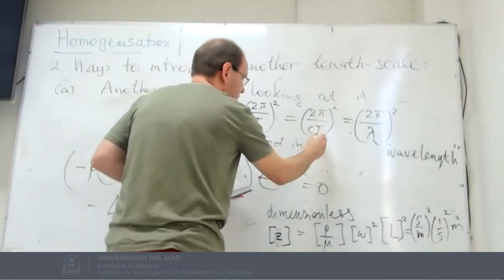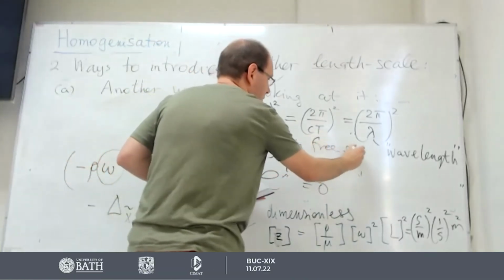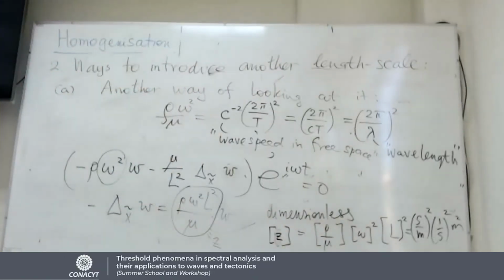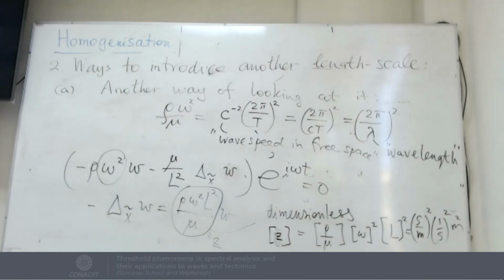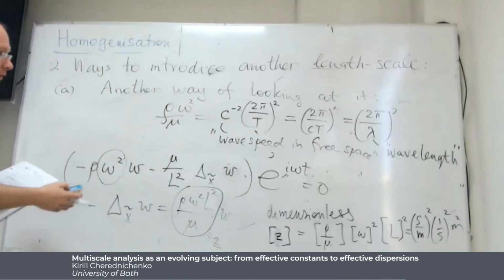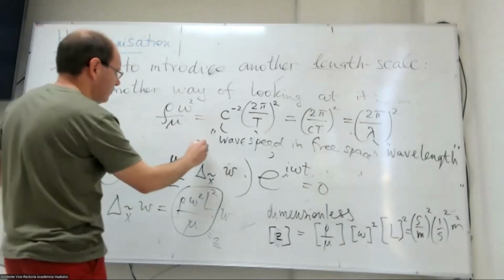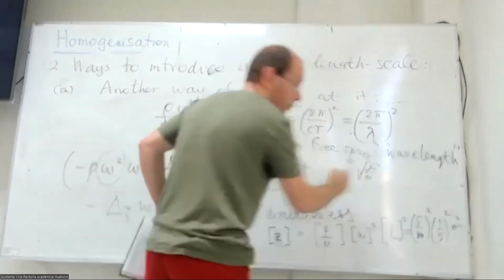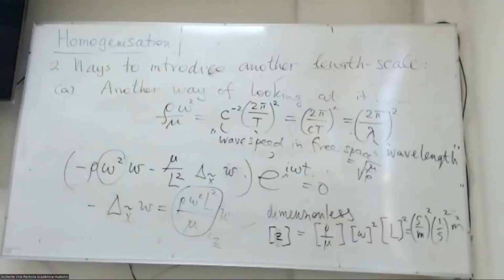I have to add this free space because I have a bounded region, so I need to refer to the original problem where waves are propagating in free space. Remember, this is the square root of mu over rho. It was the wave speed in free space.